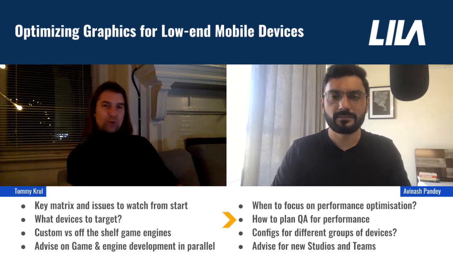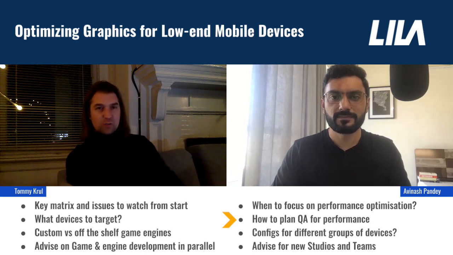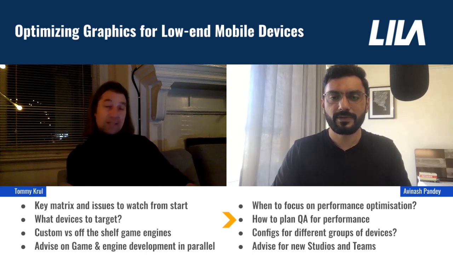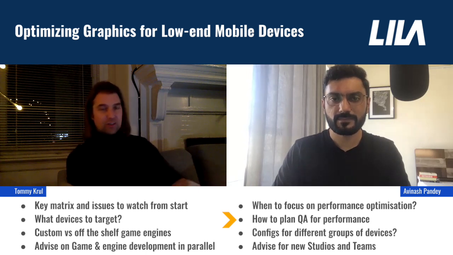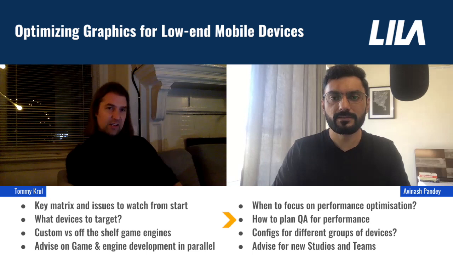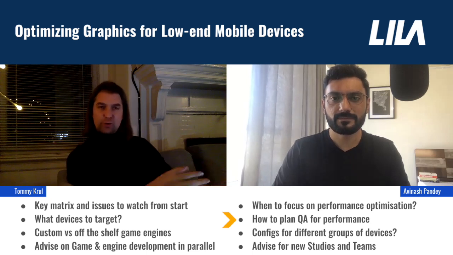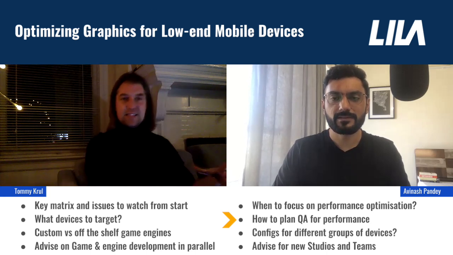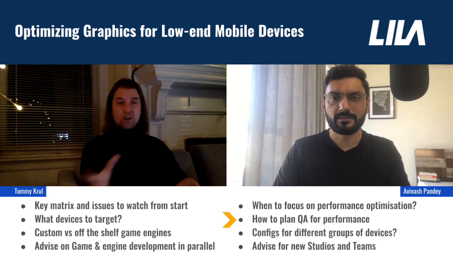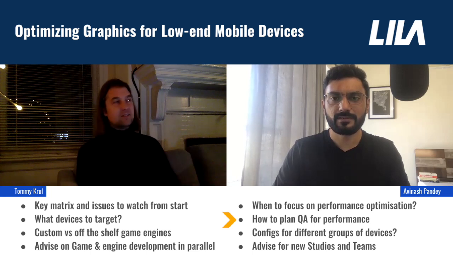We also grab the amount of memory being used on the CPU and on the GPU. We get the GPU model, the CPU model, the number of cores, and if possible the temperature the phone is running at, a whole bunch of things. We use essentially an A/B test for this, so that a certain group of players is in this profiling group and another group of players we don't collect this data from.